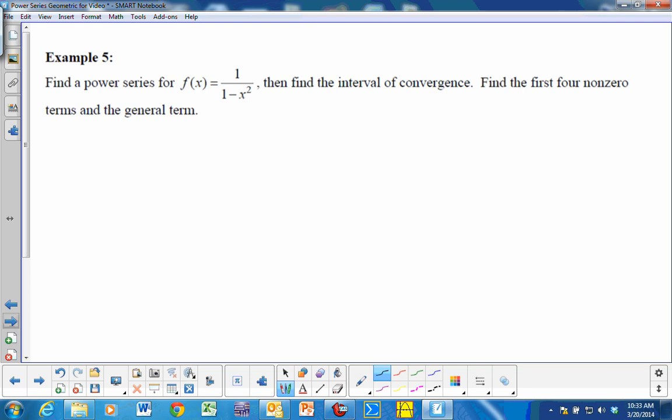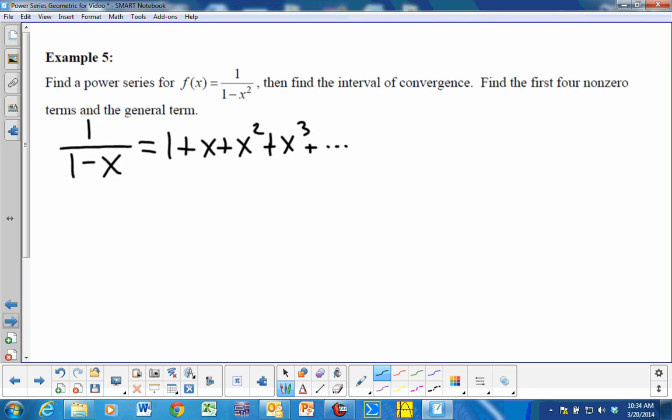So this one says 1 over 1 minus x squared and find the interval of convergence. So I'm going to use, it's very much like 1 over 1 minus x, which is 1 plus x plus x squared plus x cubed, etc. So all we're going to do is substitute everywhere you see x, we're going to put x squared. That's the difference.